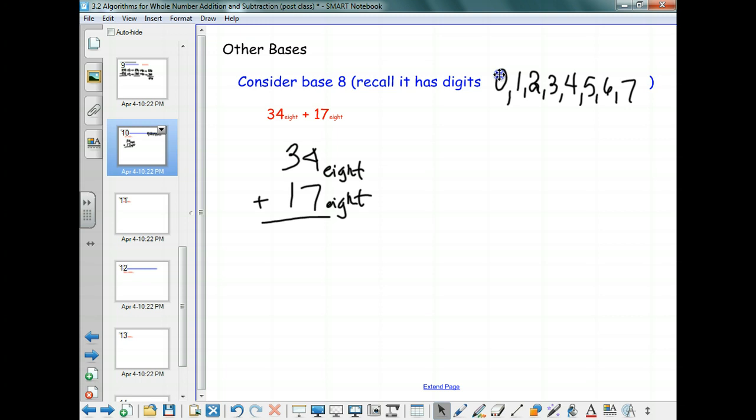But I do not have a number bigger than 7 in base 8, correct? So when I add the numbers, I can't go like what we would do in our system, 7, 8, 9, 10, 11. We just add the digits from our fingers to it. So we need to know what comes after 7 in base 8. 1, 0.